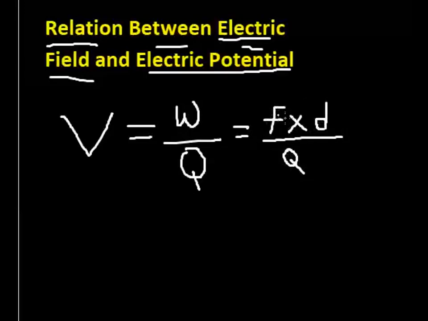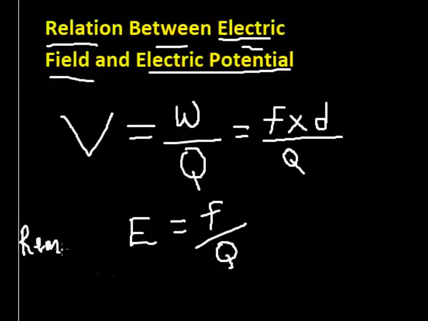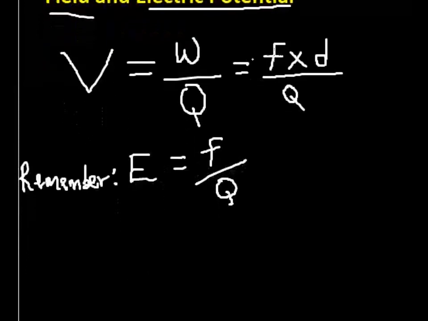And remember when we treated electric field, we said that electric field intensity is the electric force per unit charge. So in this formula, force over Q is E.